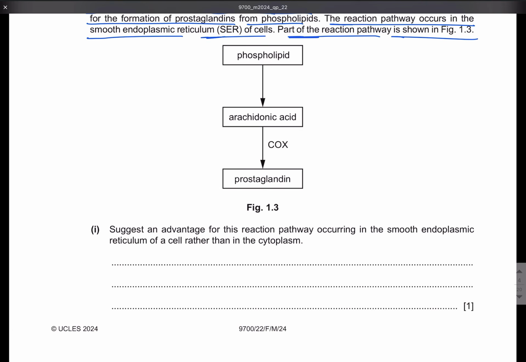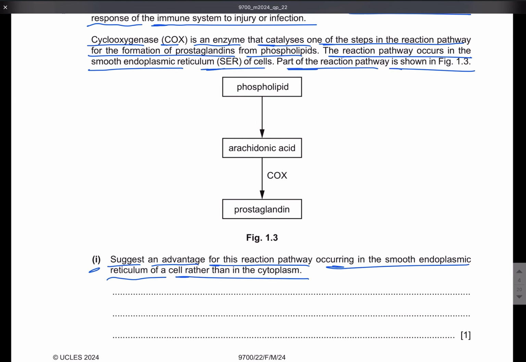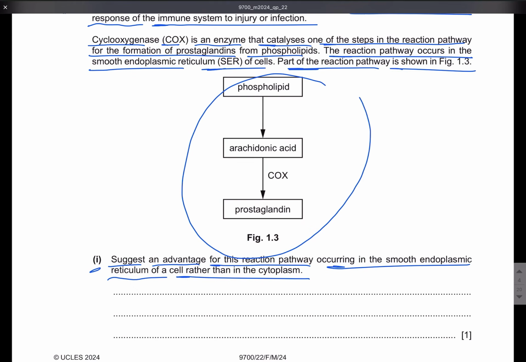So part 1 says: suggest an advantage for this reaction pathway occurring in the smooth endoplasmic reticulum of a cell rather than in the cytoplasm. What could be an advantage?